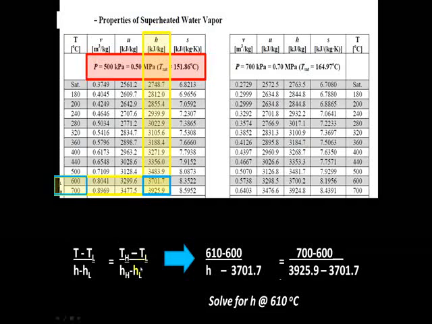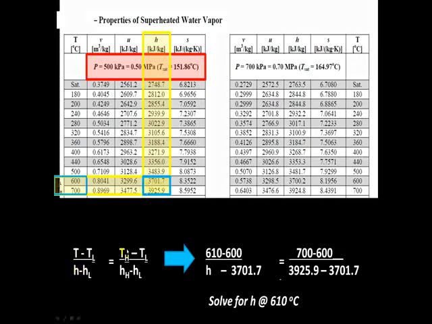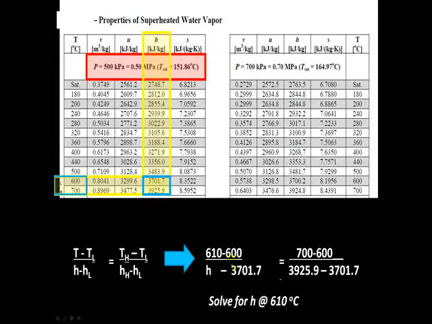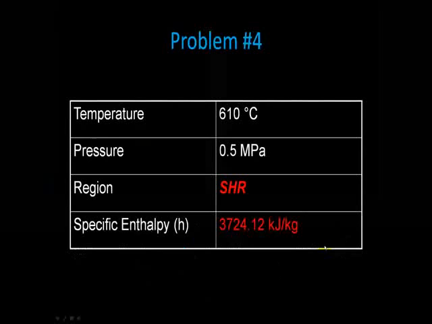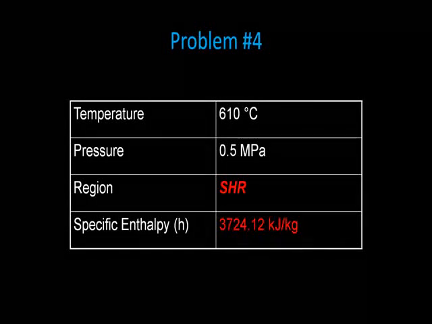And because that rate of change is going to be the same, we should be able to determine how far along between the low enthalpy and the high enthalpy we are. So if you solve this relationship on the right side for enthalpy, what you get is 3,724.12.